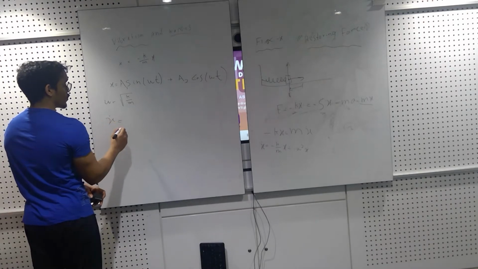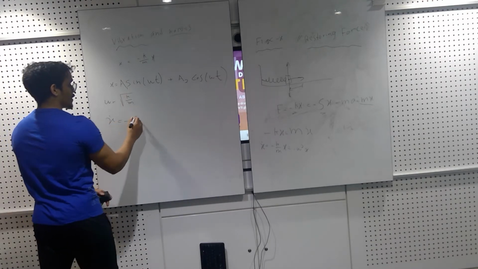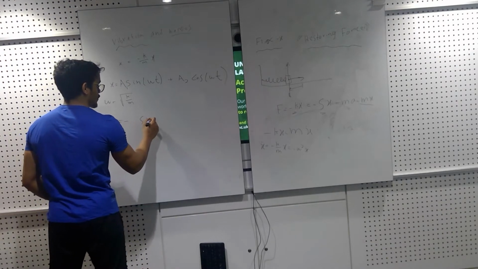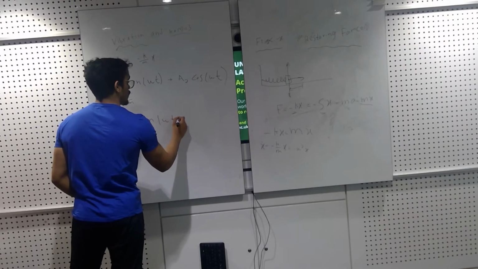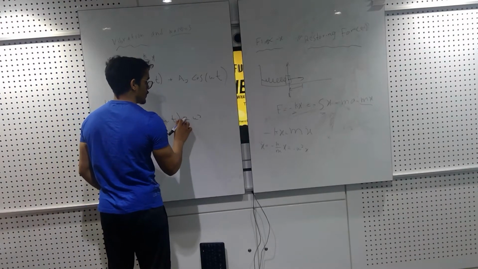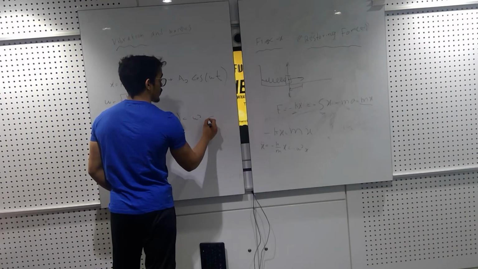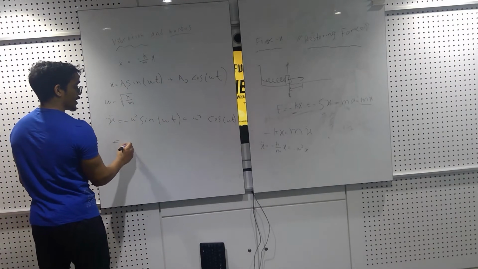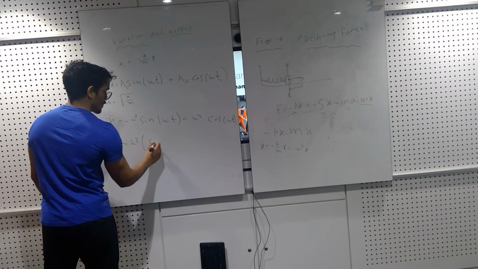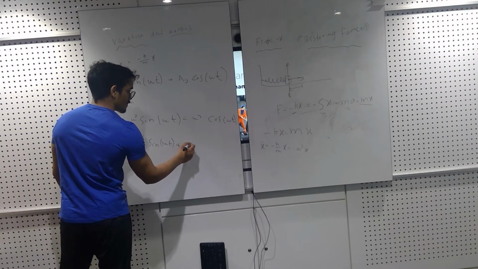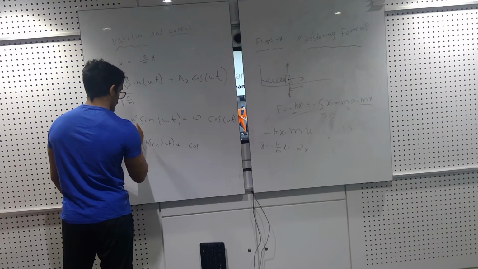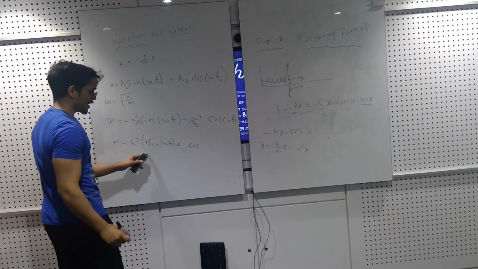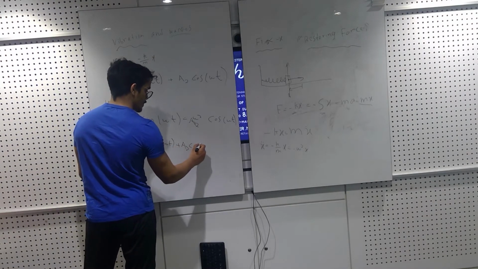If we differentiate it twice, sine will become sine, so it will become minus omega squared sine of omega t, and omega squared, not minus, cosine of omega t, and let's take the minus as a common factor.